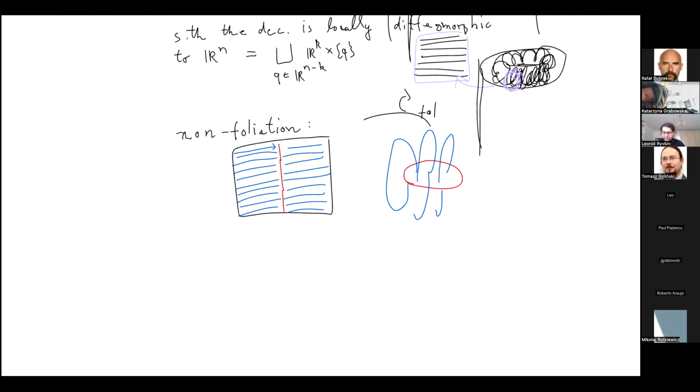The algebraic definition of a singular foliation, so regular foliation for now, sorry. So algebraic or infinitesimal is maybe the better word.